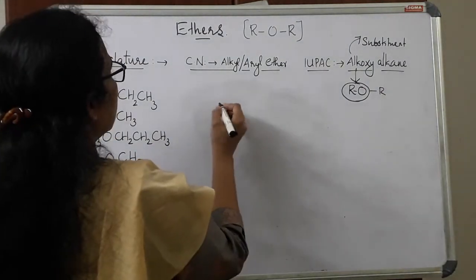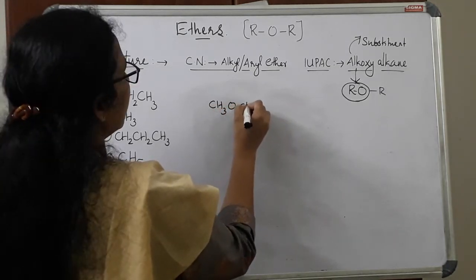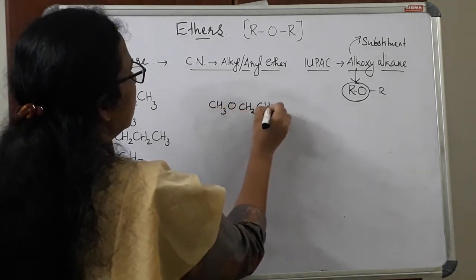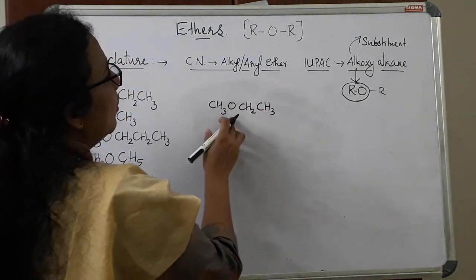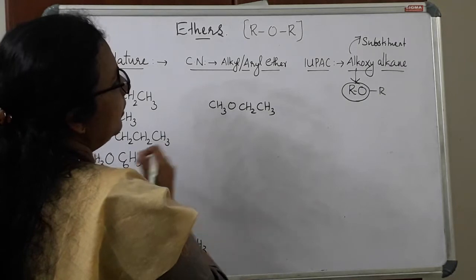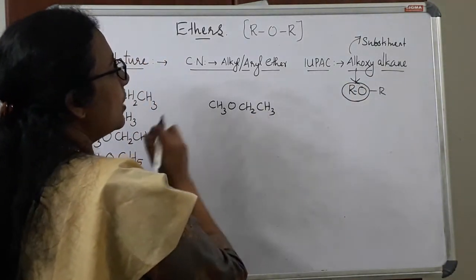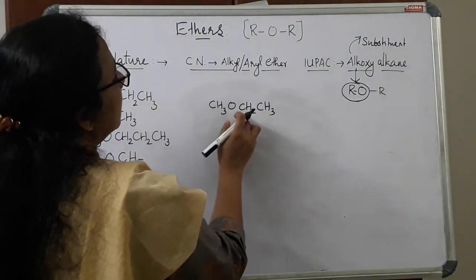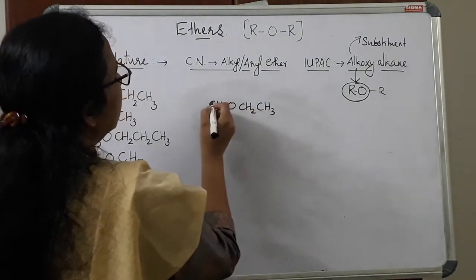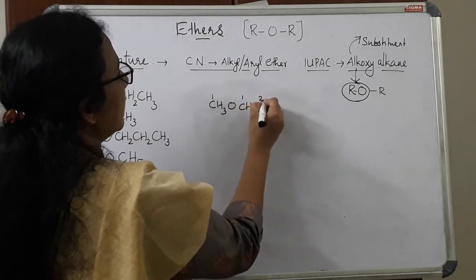Now let's see the first compound again, that is CH3OCH2CH3. First of all, we need to find out the alkoxy part and alkane part. In order to find the alkane part, we will see the longest chain, the longest alkyl group. Here there is only one carbon atom, and here there are two carbon atoms.